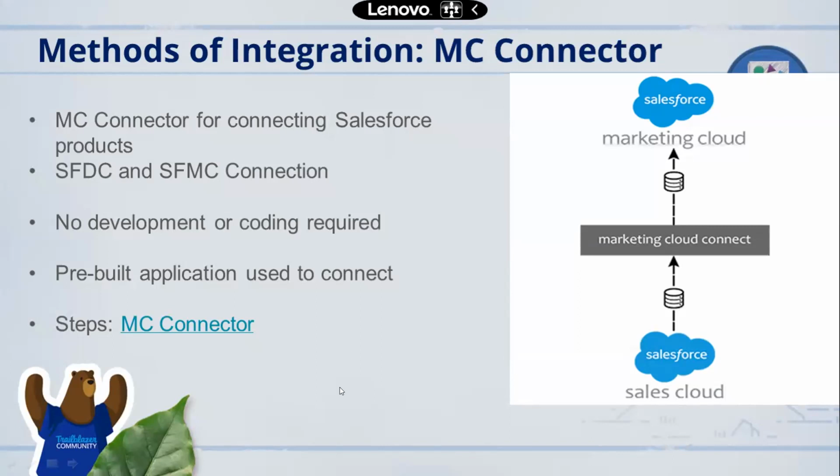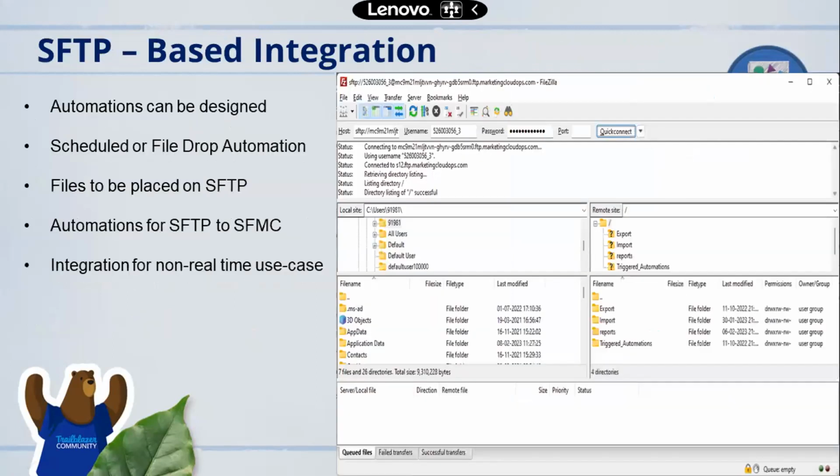Then moving on, if it's a non-Salesforce based system, say an ERP or a manual system that you're using, or your in-house built system, you also have the option of file-based integration.